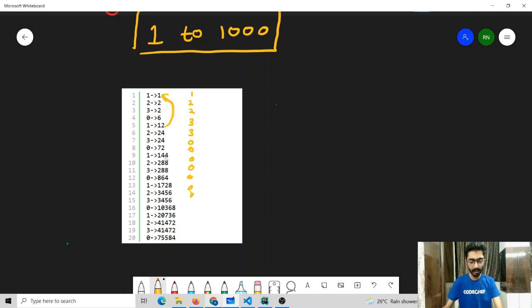The next time we get 1, it's 144, which is 12 times 12. The next time we get is 1728, which is 12 times 144. So we can see that these numbers are appearing in chunks, they are appearing in cyclic order, and every time the sizes of these chunks are getting multiplied by 12. Based on this observation, we need to find the Grundy number of some particular state, and we need to find this value in faster time.